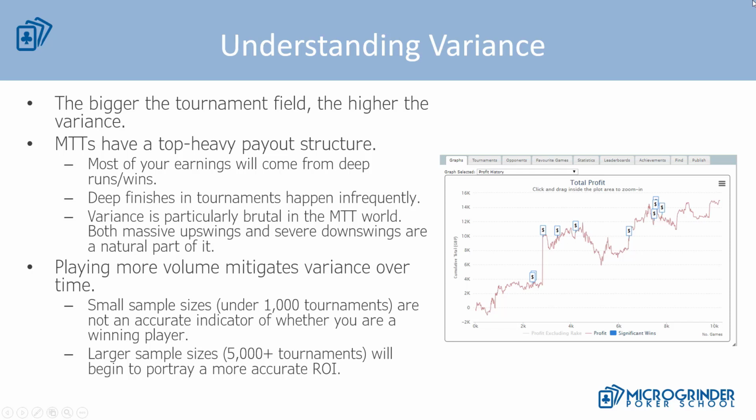So this brings us to understanding variance. This is hugely misunderstood in tournament poker. The first point we talk about here is that the bigger the tournament field, the higher the variance. So this means Sunday tournaments, Saturday tournaments, particularly on PokerStars, tournaments with 1,000 plus players, they're going to have a lot of variance.